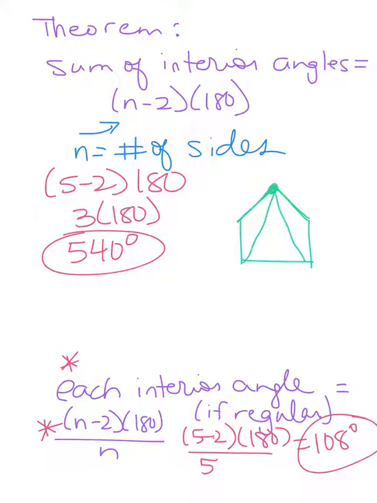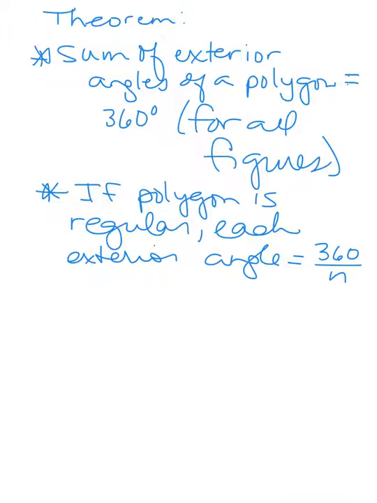There's another triangle there. So what happens is I have 1, 2, 3 triangles. 3 times 180 gives me 540, which is why I have to subtract 2. The 2 that I'm subtracting is actually the 2 sides that are closest to the vertex that I'm dealing with. And again, this formula, n minus 2 times 180, will work for any polygon.